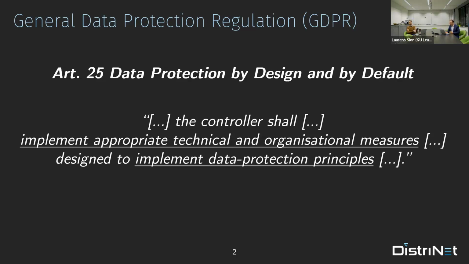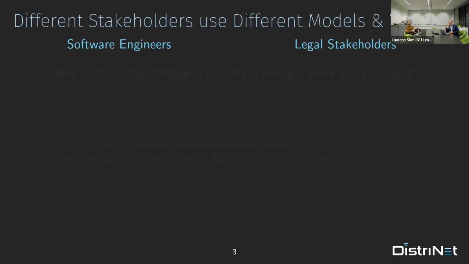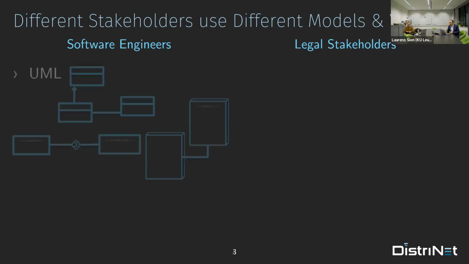The results here are part of a project where we collaborate with legal scholars. We noticed, in communication between technical and legal stakeholders, that we have quite a different perspective and a different model and view on whatever system or data processing operation we are describing or reasoning about.